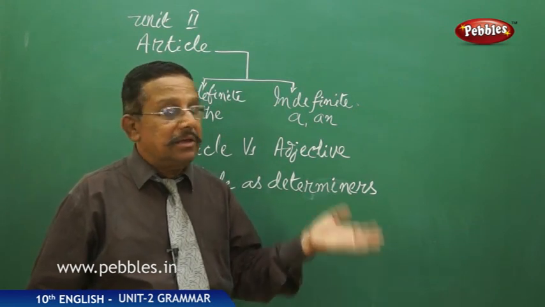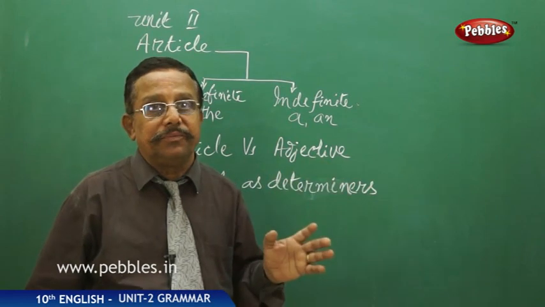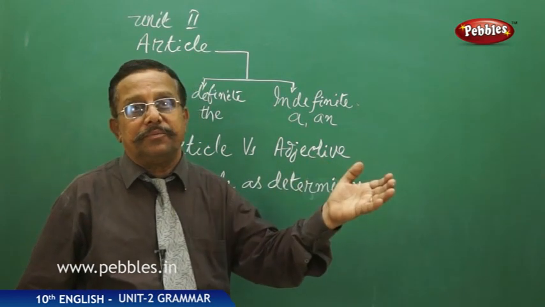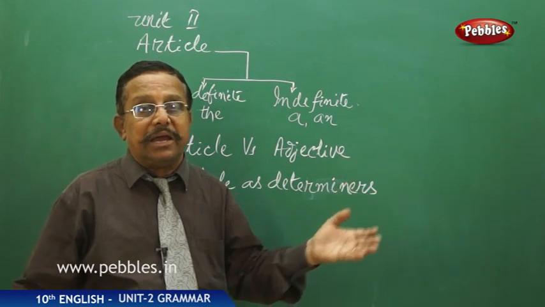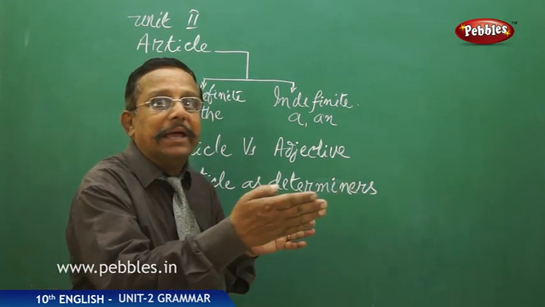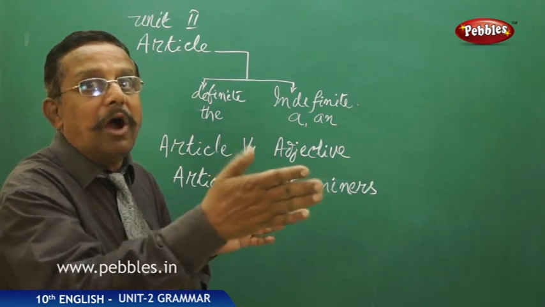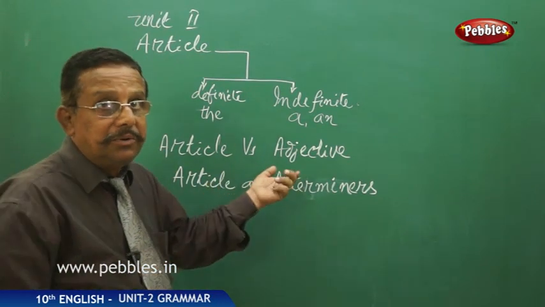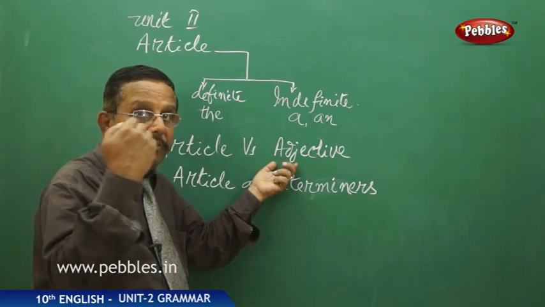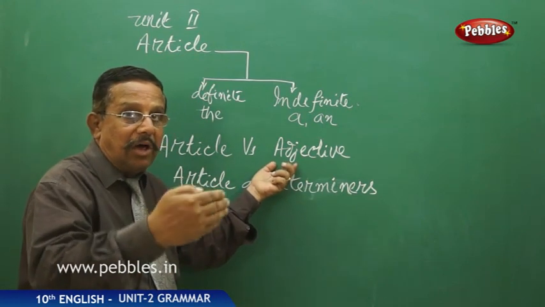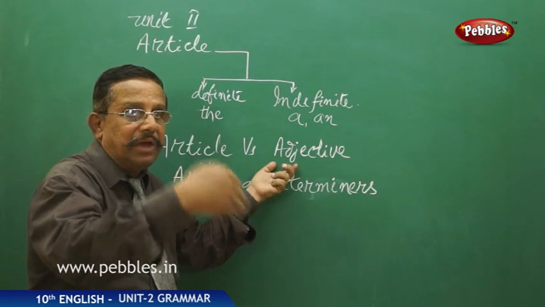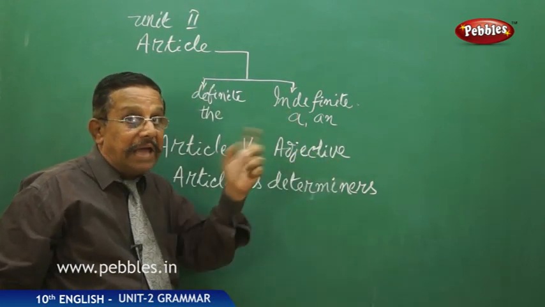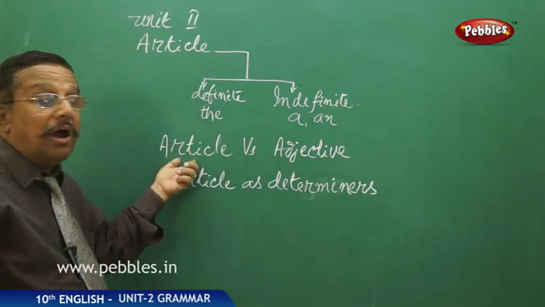When we say the boy is good, the boy we are writing here is good, and also we can write the good boy. That way also, before the boy we are using adjective, and after the noun there is a verb, after the verb we are using adjective. That way also we are using adjective, but that facility is not there with the article.